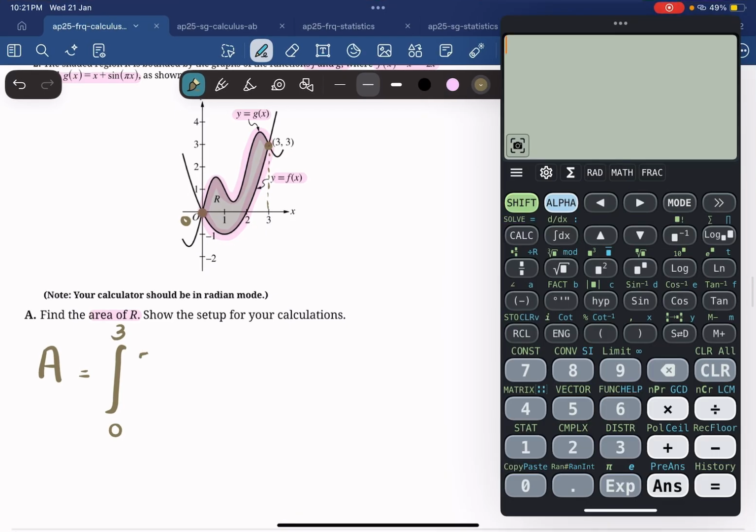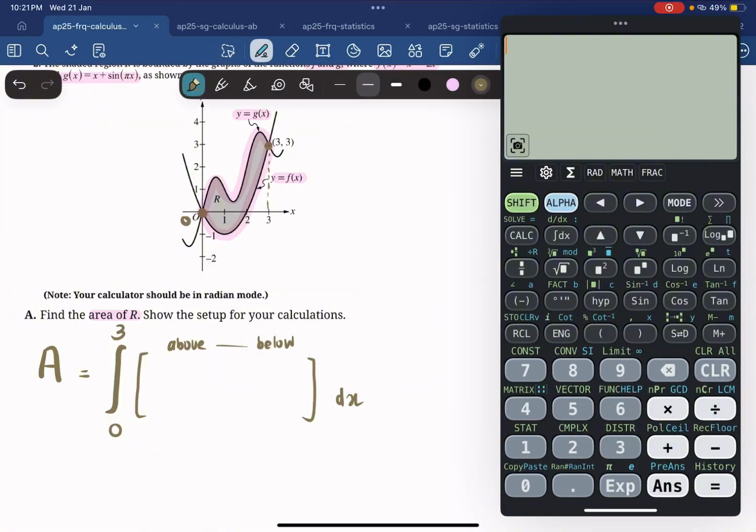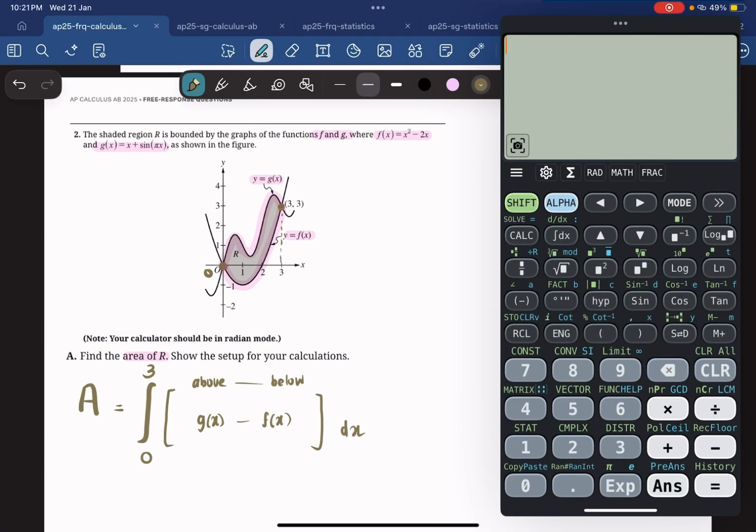So the function above minus the function below, dx. The function above, as we can see here, is g of x. So g of x minus f of x. And since we can use our graphing calculators, that's what we're going to do.